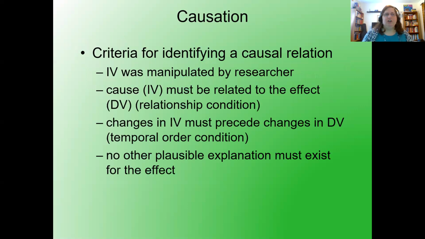Now let's talk a little bit more specifically about the criteria for identifying a causal relationship. First, and this is the one I just showed you, the IV is manipulated by the researcher. I choose who's in my garlic and no garlic groups, and I randomly assign that. Next, the cause, the IV, must be related to the effect, the DV.